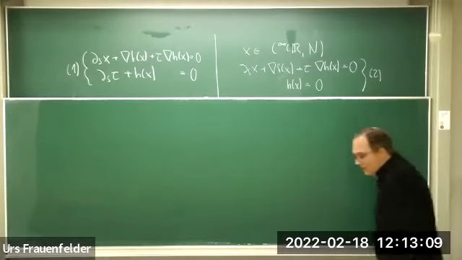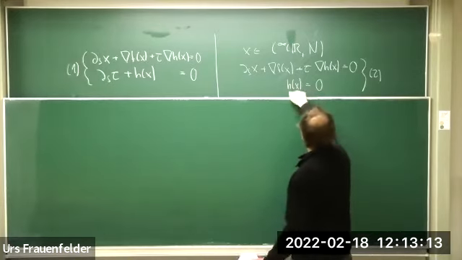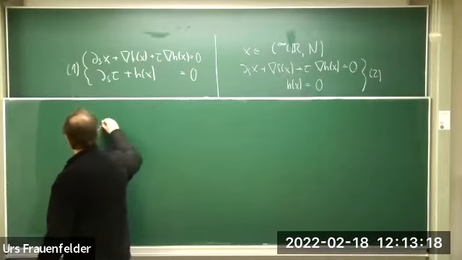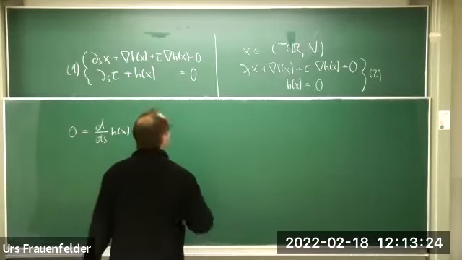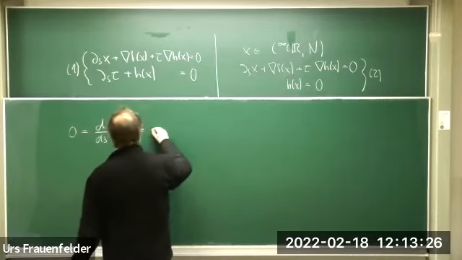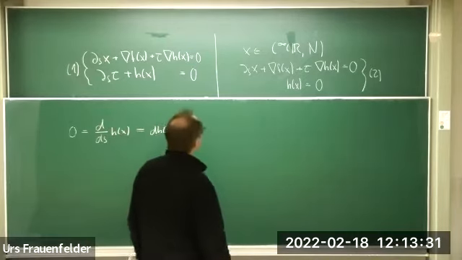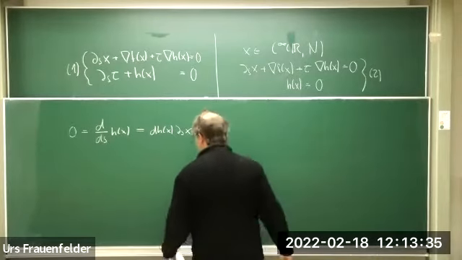If we differentiate the second equation, h is constant 0, so d/ds of h(x) is still 0. This is dh(x) applied to ∂_s x, and now we plug in for ∂_s x the first equation.